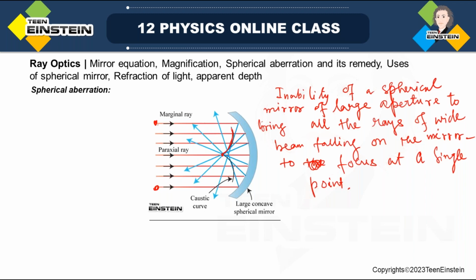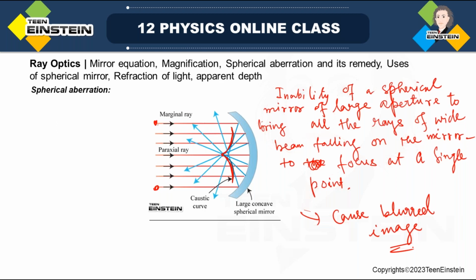These curved surfaces are called caustic curves. Because all the rays are not meeting at the same point, the image will be a blurred image. So aberration will cause blurredness of the image.